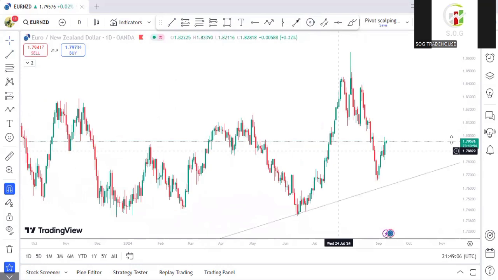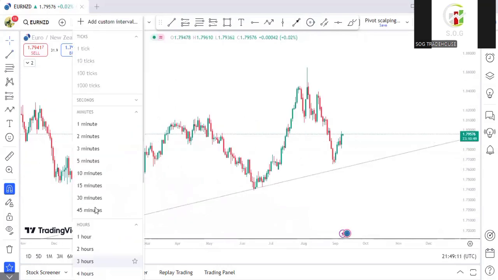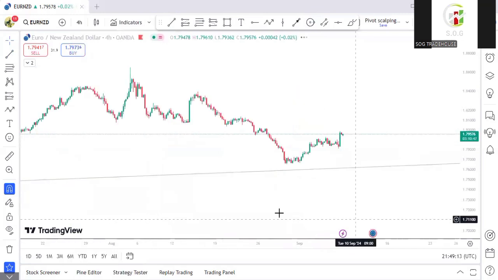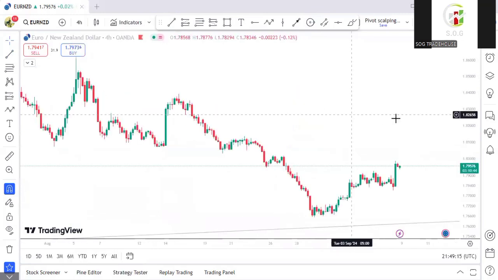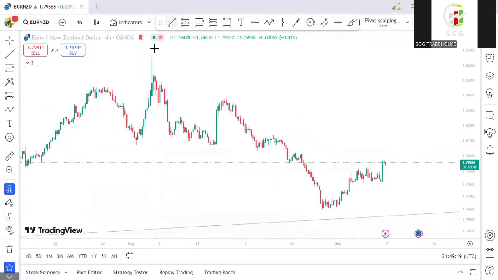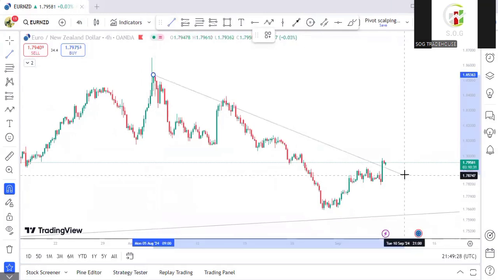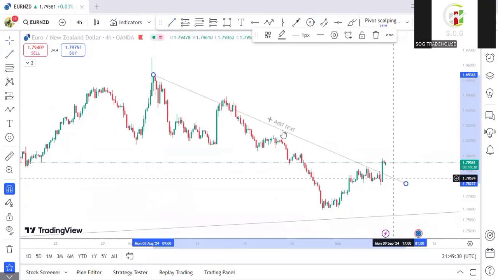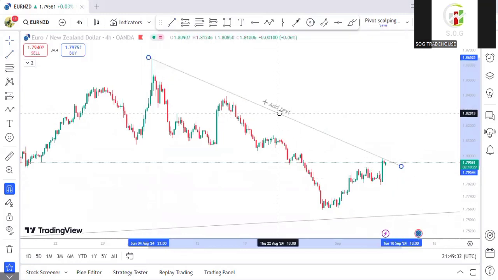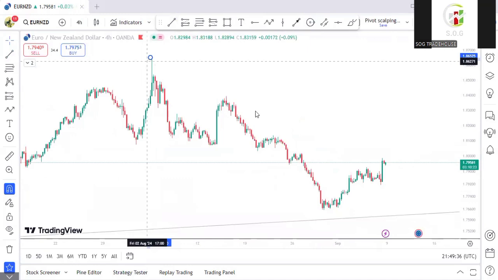So on Euro NZD, if we go down to the 4-hour time frame and connect our trend lines, this is the first touch of the trend line.